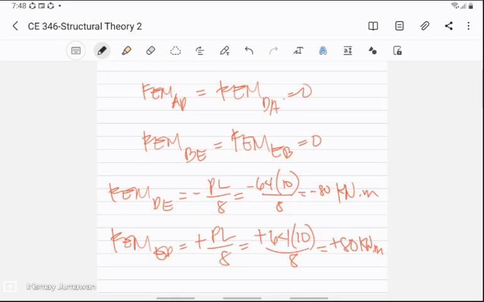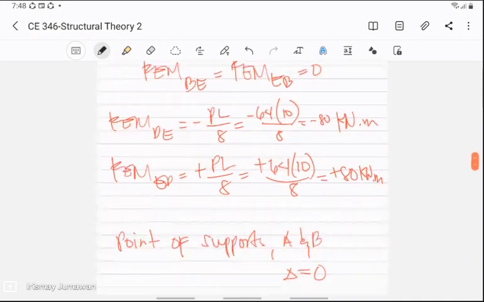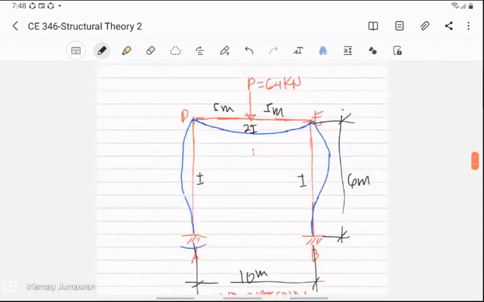So next, we have already our fixed end moments, and we need to determine the beam stiffness. Since E is constant, we can also use the relative stiffness. For our support, we have supports A and B. We don't have displacement, delta is equal to 0.